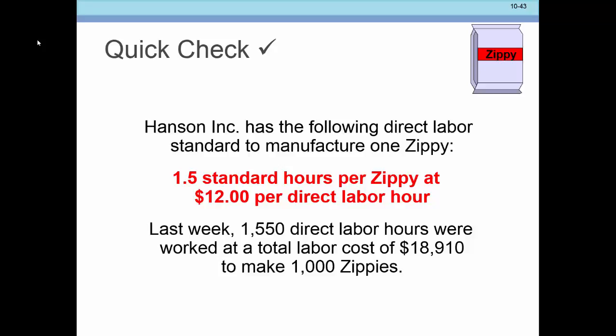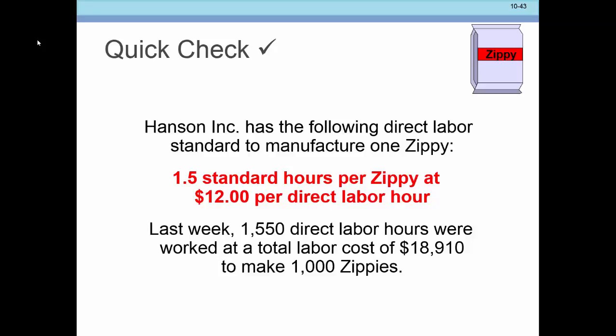Okay, you divide 18,910. 18,910 is their total spent. Divided by 1550 gives me per hour, 12.2.